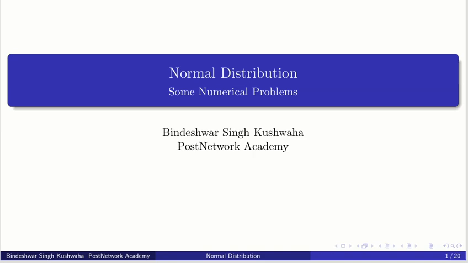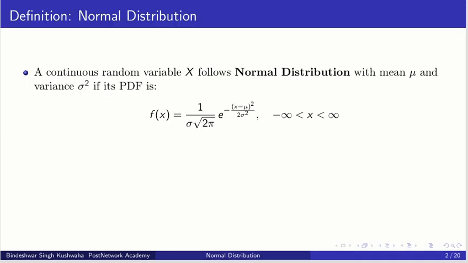I am Bindeshwar, and in this video we are going to solve some numerical problems based on normal distribution, especially from a data science and AI perspective. A normal distribution is a continuous distribution, and a random variable x follows a normal distribution with mean mu and variance sigma square.